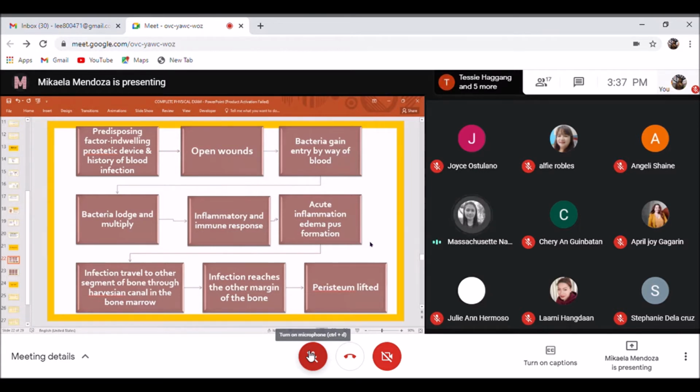And then what happens next is an inflammatory and immune response, wherein our body releases chemicals like histamine, bradykinin, and prostaglandin.